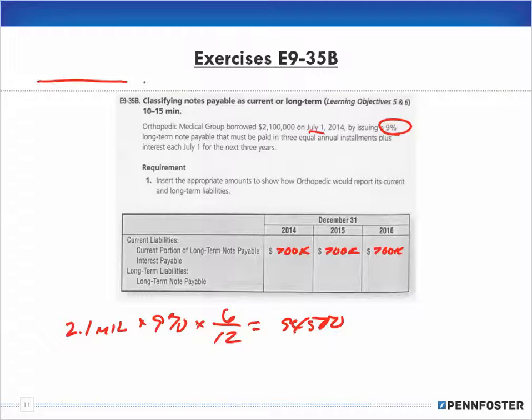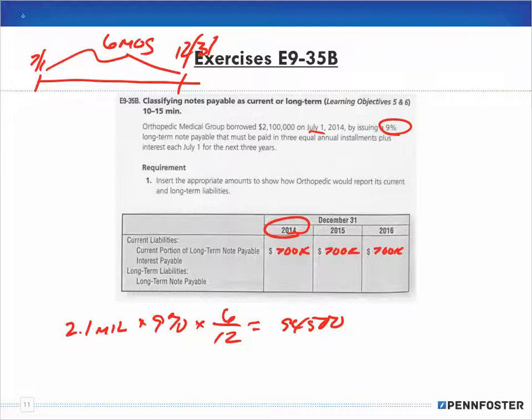Remember, if we look at a timeline here, this is July 1st, and we're looking at 2014, so that's on 12/31. That is a 6-month period. So we take the 2.1 million times the 9% interest times 6/12, which gives us an interest payment at the end of the year of $94,500.